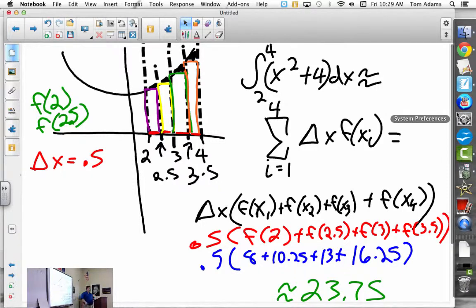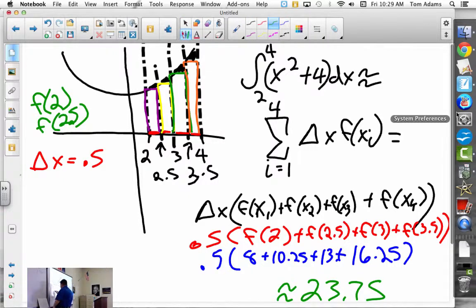If I wanted to get really close to the exact area under the curve, what would you do? Split it into a million pieces. Okay, so how do we split it into a million rectangles? What changes, x or delta x?